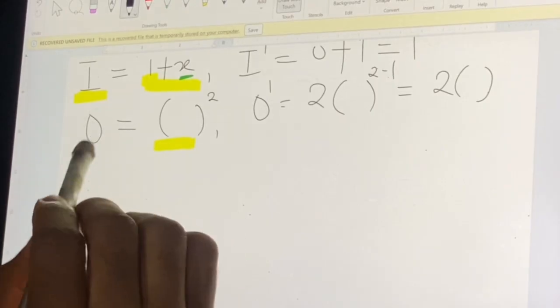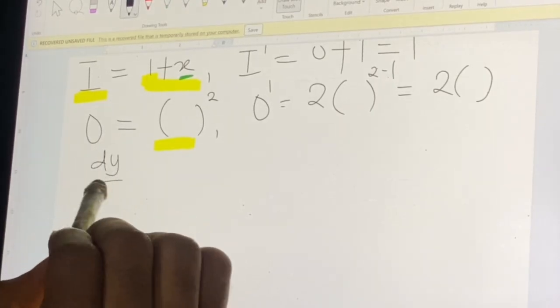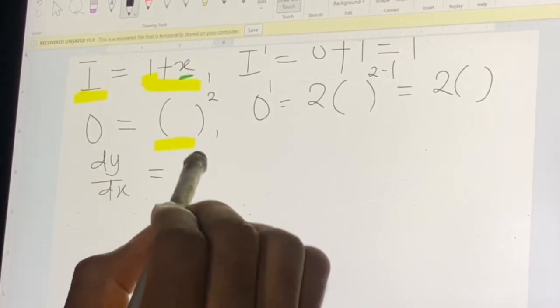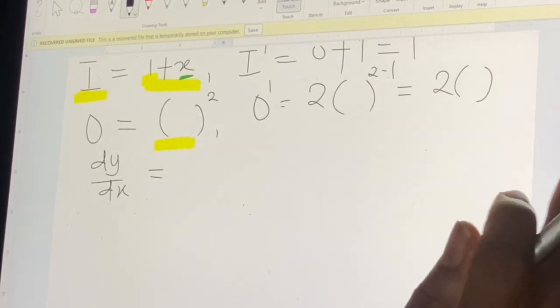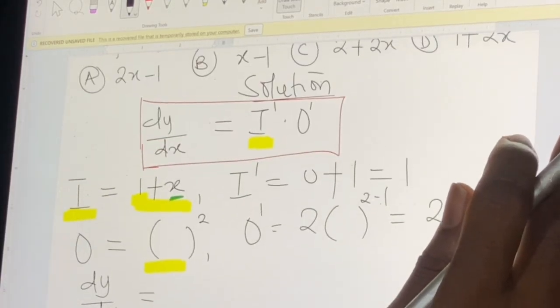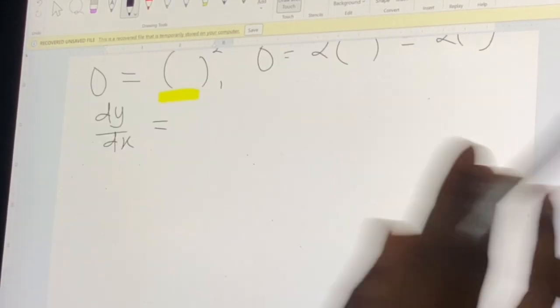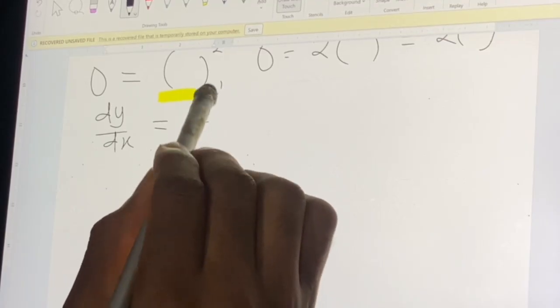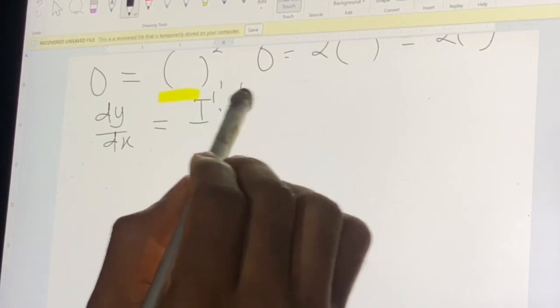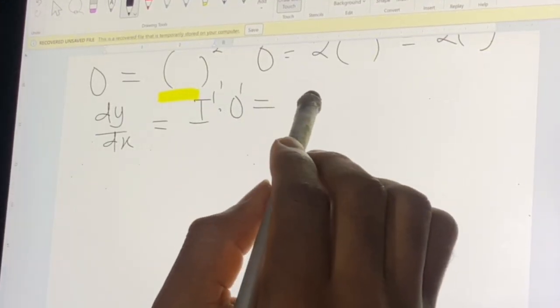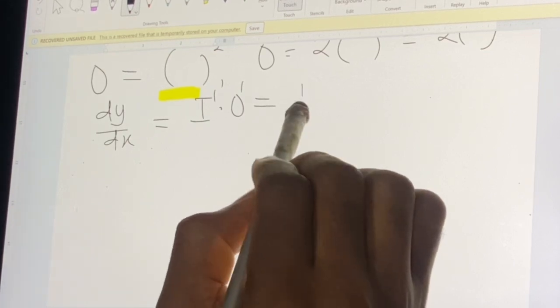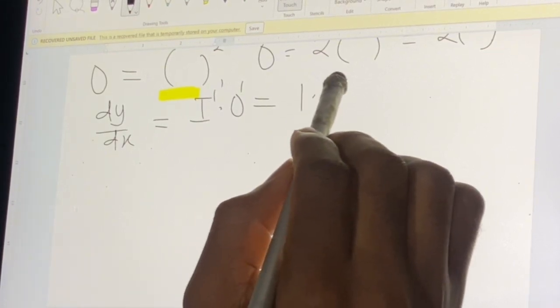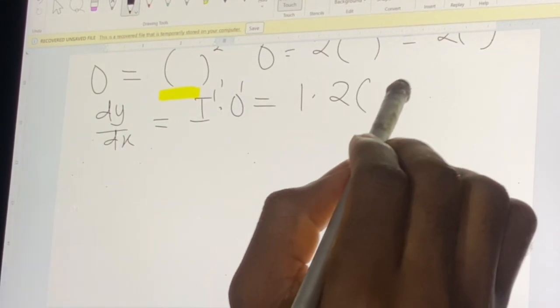So our dy/ds here, class, which is the dy/ds for the chain function, would be equal to the inner derivative times the outer derivative, which is the formula. Class, let's replace. The inner is 1 times, the dot there means times, 2 bracket open and close.